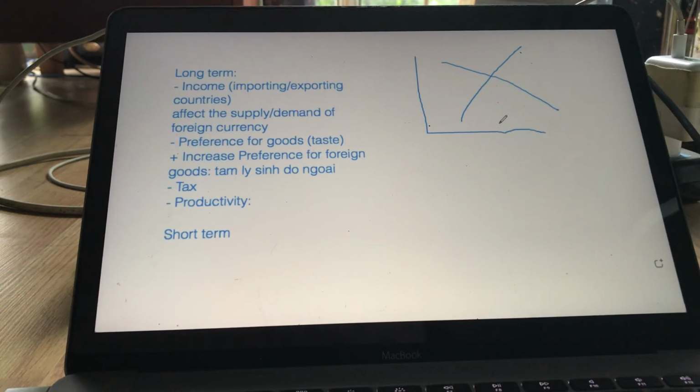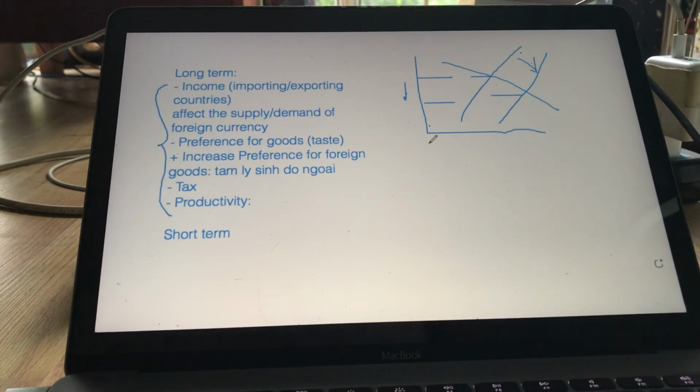If we export more, it shifts the supply curve to the right, and it leads to a decrease in the exchange rate. We apply this logic when we make an analysis for all four determinants, and it is your homework.